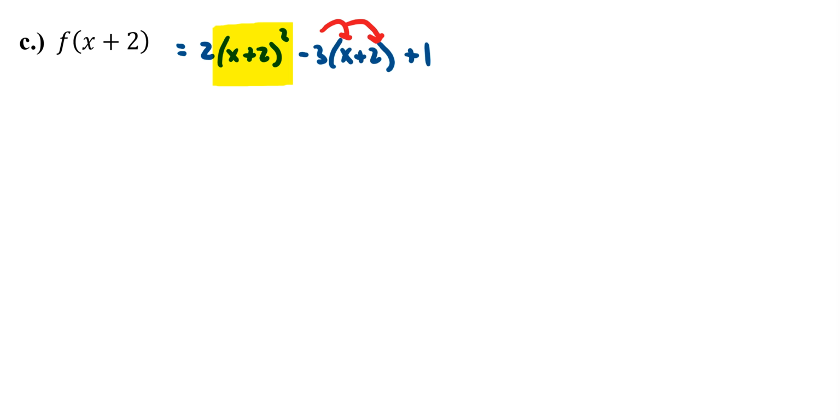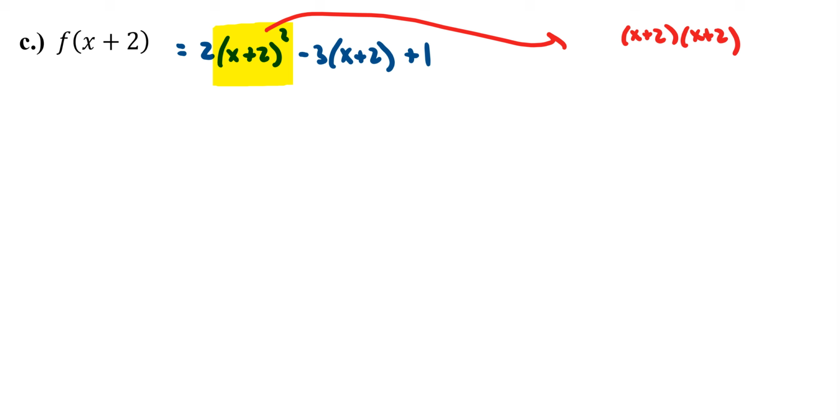So you have two options for this. The x plus 2 squared, you can either write as x plus 2 times x plus 2, because that's what x plus 2 squared is. And then you would distribute, just like we did a little while ago, and combine like terms. Not the end of the world, won't take that long. There is a nice shortcut that you really should know here.